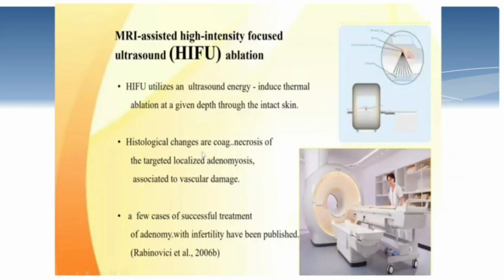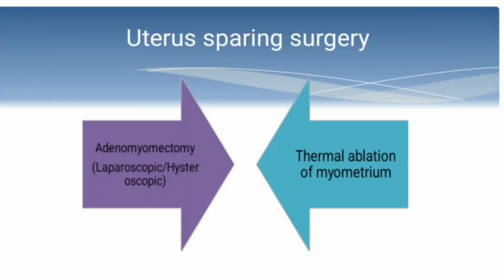A few cases of successful treatment of adenomyosis with infertility have been published. So it is a modern modality. It is used in several countries in the treatment of adenomyosis. Now the uterus sparing surgery.